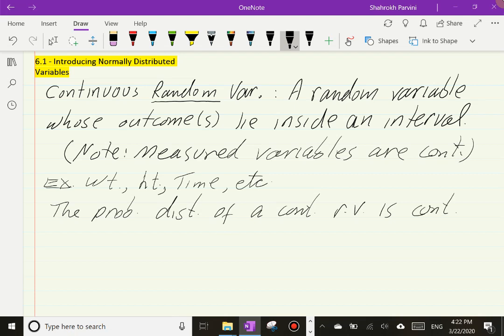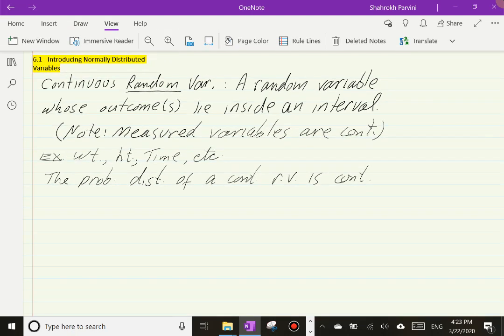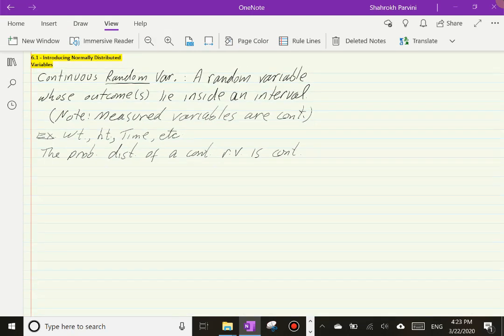Now, the normal distribution is an example of such distribution. So let me shrink my view here. Okay. So now let's talk about the normal probability distribution.